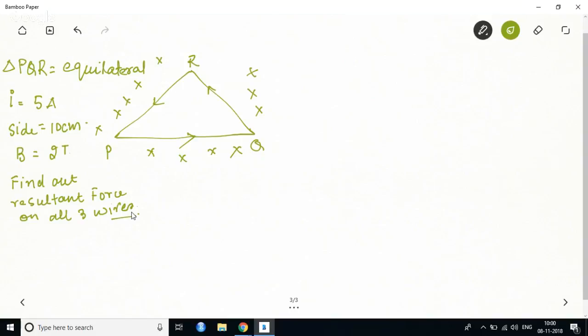No, Rohi, you should take 120 degree. I'll explain later why you should take 120 degree. Solve the question here.